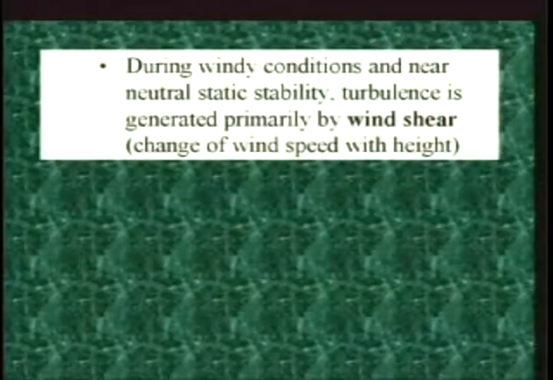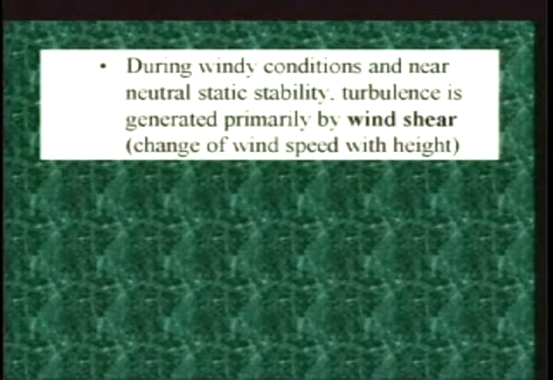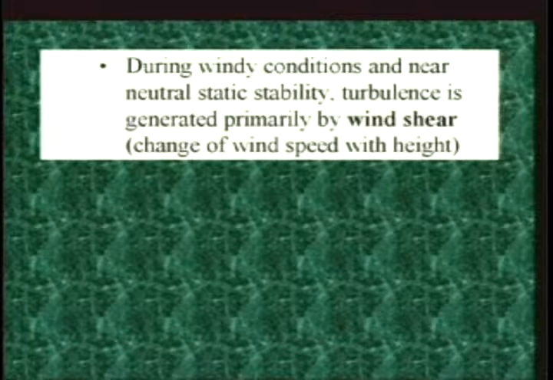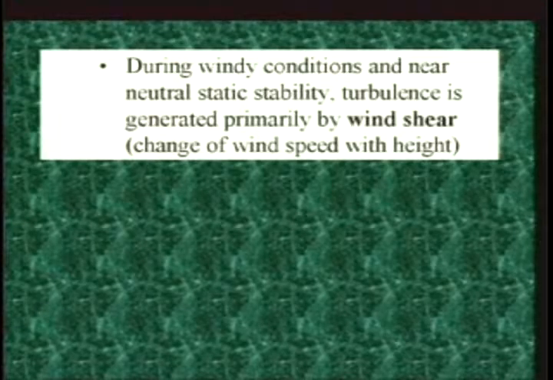During windy conditions and near neutral static stability, what we're basically saying is the atmosphere is not stable, it's not unstable. Turbulence will be generated primarily by wind shear, a change in wind direction with height. So anytime we're dealing with turbulence, we're changing the wind direction with height.